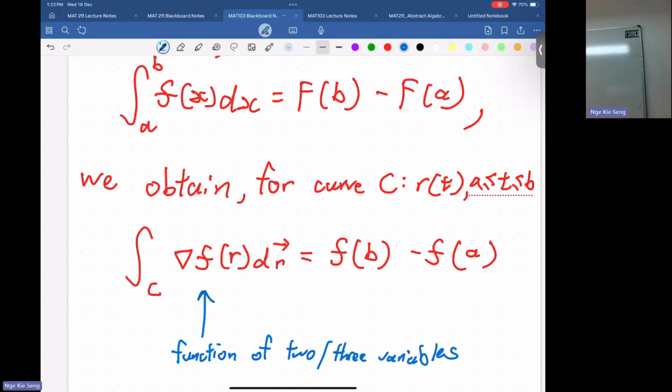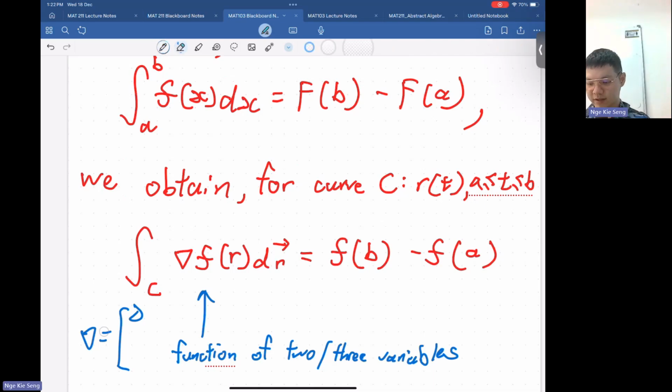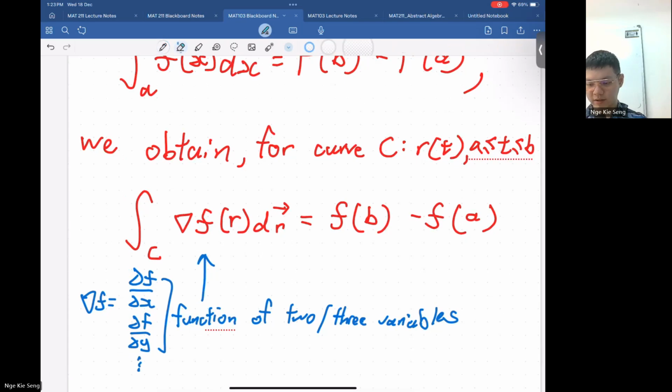How do we define this gradient vector? Gradient vector, still remember or not? Del F. So what is del F here? You get del F over del x, del F over del y, and so on. So this is called what? The gradient of F.